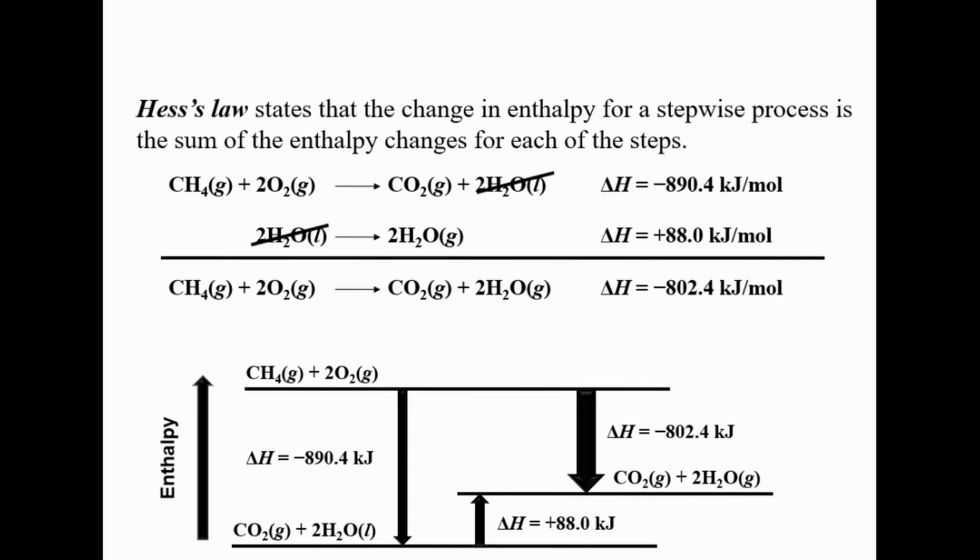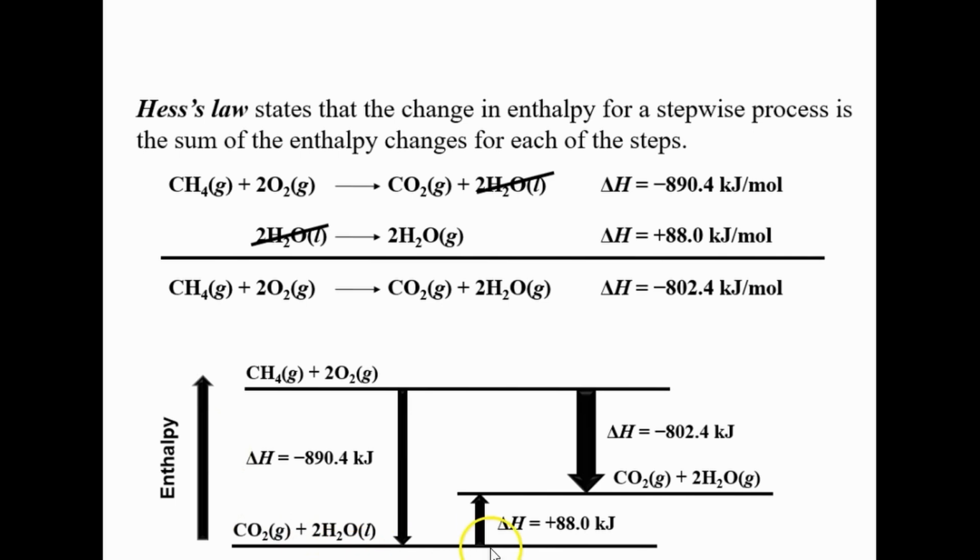Hess's law states that the change in enthalpy for a stepwise process is the sum of the enthalpy changes for each of the steps. And here we're just seeing basically a phase change where this reaction has water in the liquid form. We want it in the gaseous form. Here's another step to do that. The associated enthalpy gets us there.